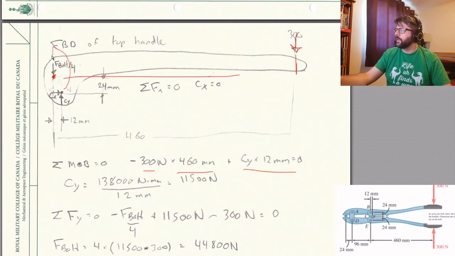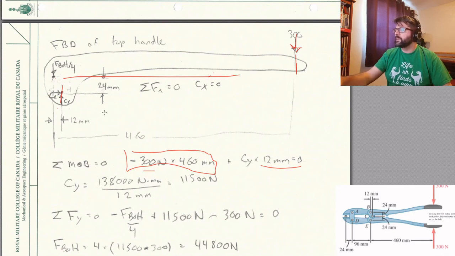So again, that'll be a positive moment because pushing up from here would cause positive rotation, counterclockwise rotation, when taken about this point. So the magnitude of that will be Cy times the 12 millimeters. So we just need to go ahead and solve for what Cy is. Moving this over to the other side of the equation, multiplying it out, and then dividing by 12 millimeters gives us a Cy of 11.5 kilonewtons.